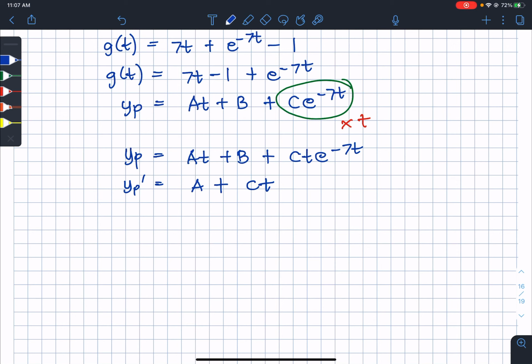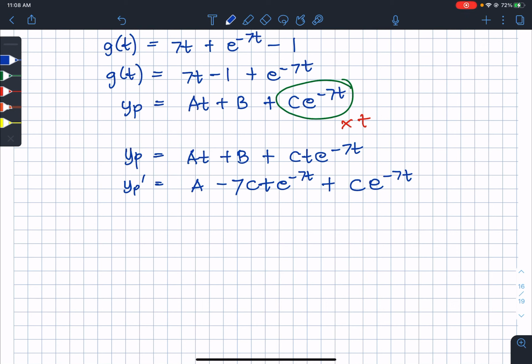And then e raised to negative 7t, derivative of that is negative 7. Negative 7ct. Okay. Then plus, copy e raised to negative 7t. Derivative of ct is just c. Correct?